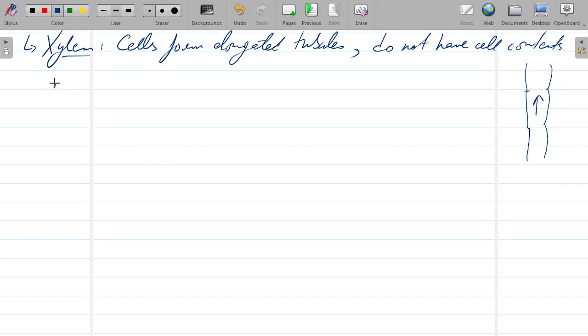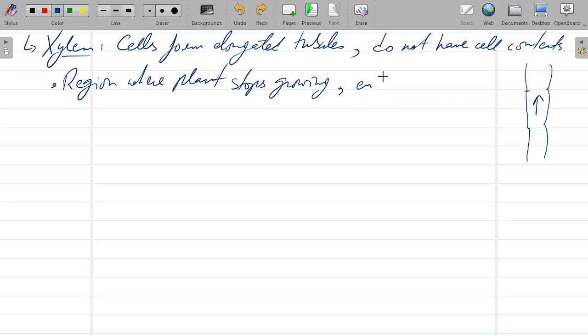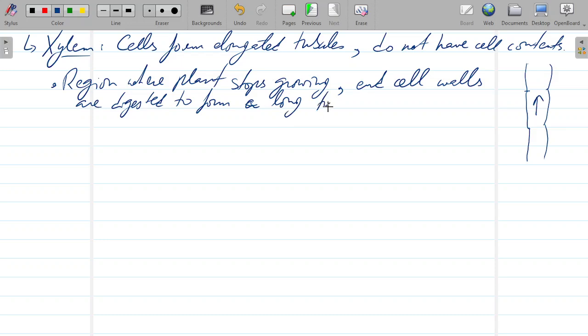So in a region where the plant has stopped growing, the end cell walls are digested to form a long tube, and the cell walls that remain have a substance called lignin.